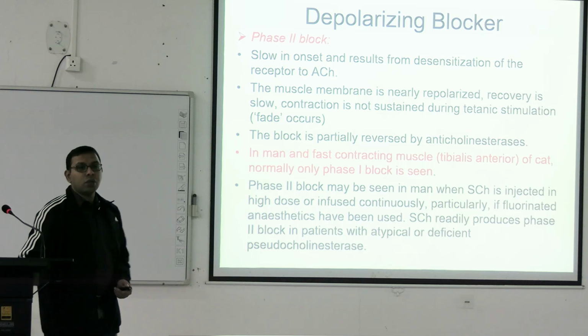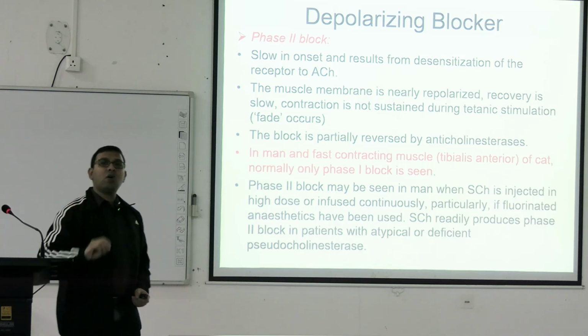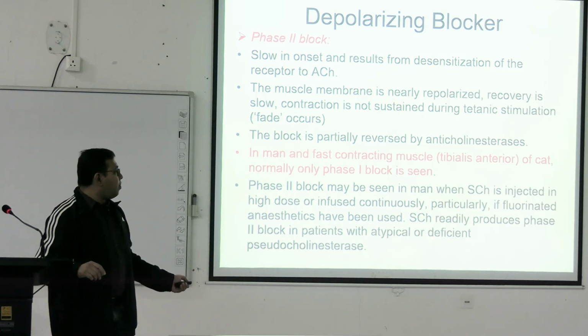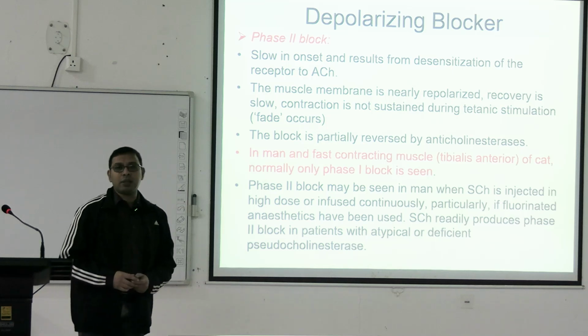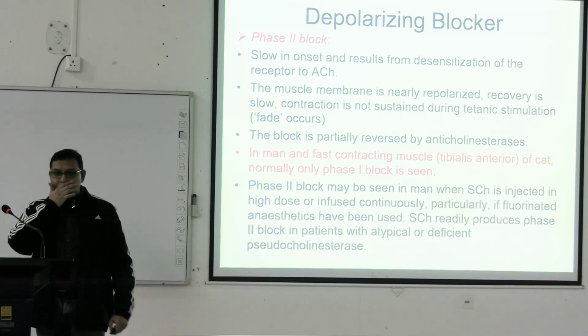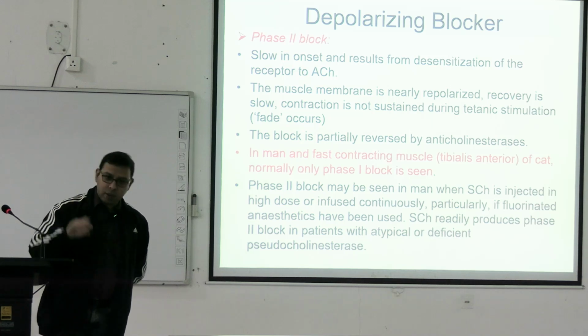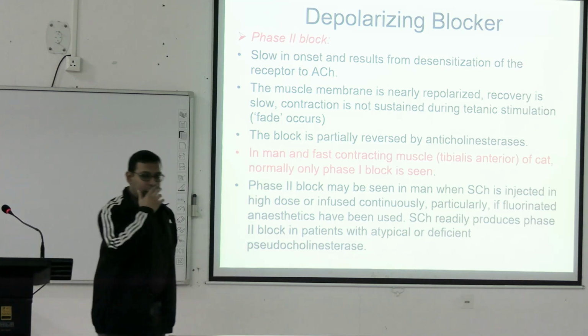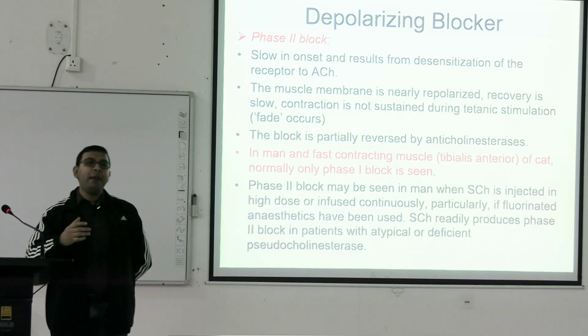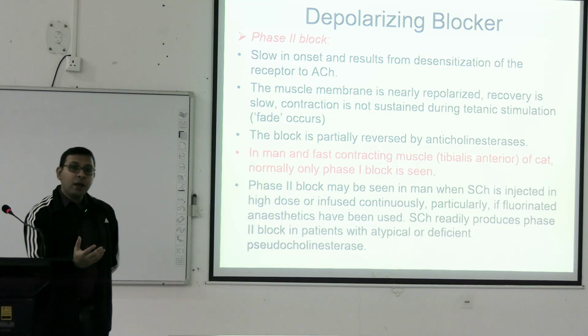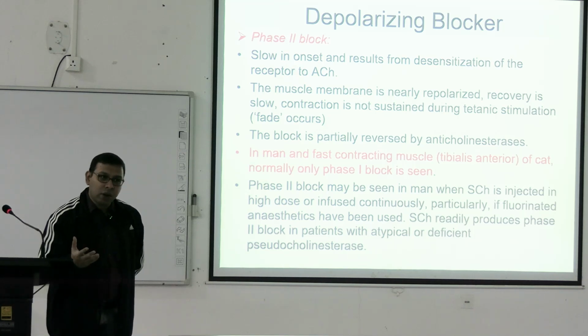This is another thing. There are genetic conditions known as deficient or atypical pseudocholinesterase, or butyrylcholinesterase. This cholinesterase metabolizes acetylcholine, and it also metabolizes succinylcholine.